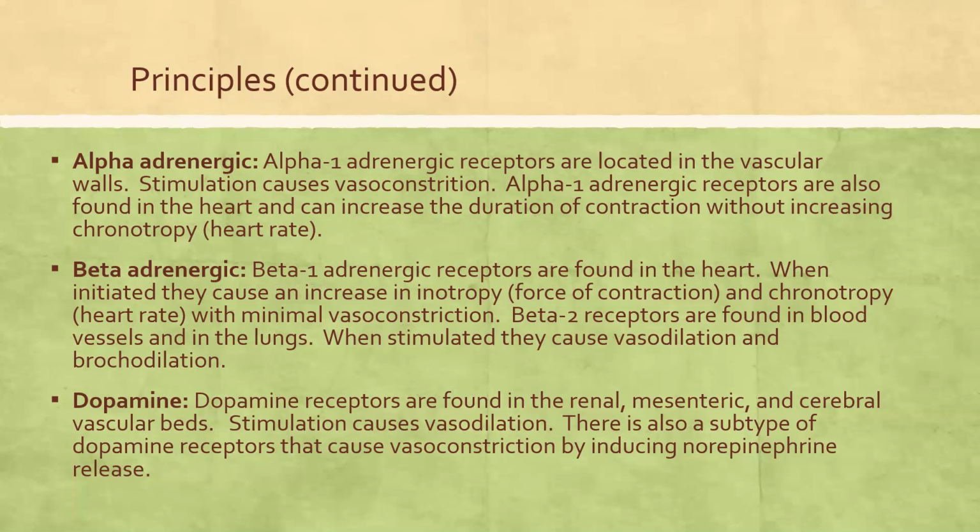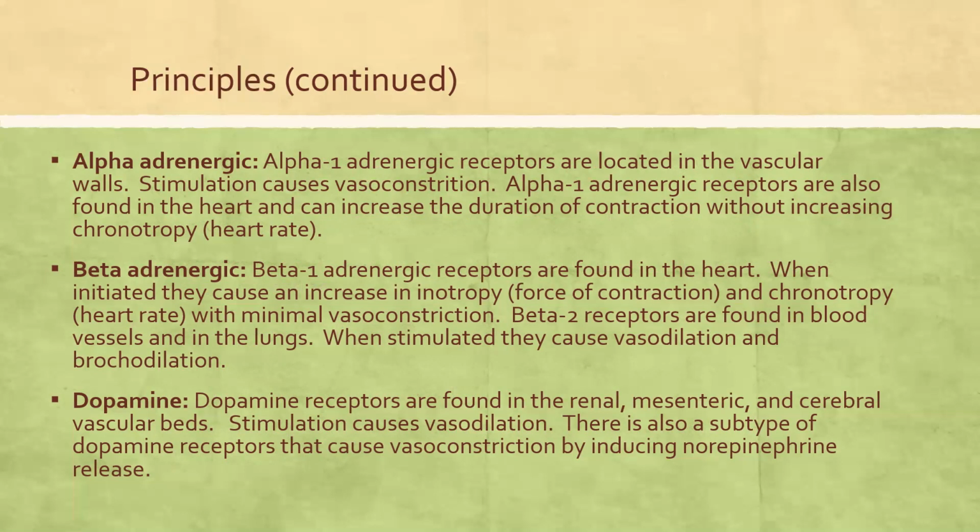Beta-1 receptors are found in the heart, and they cause an increase in the force of contraction. Remember, alpha-1 increased the duration of contraction and also increased vasoconstriction.